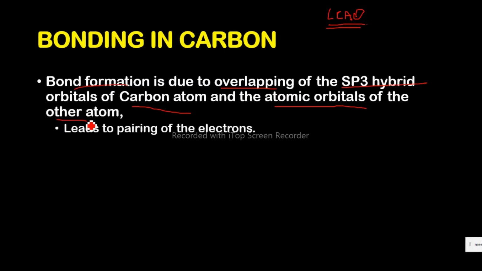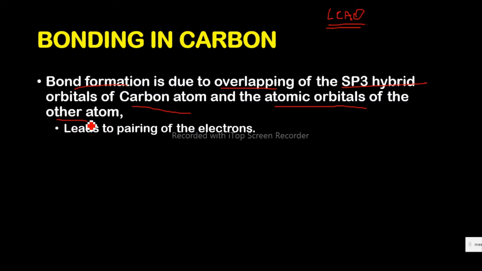If these orbitals overlap, remember they must have unpaired electrons, and the unpaired electrons must be in parallel but opposite spins to enable pairing to occur.